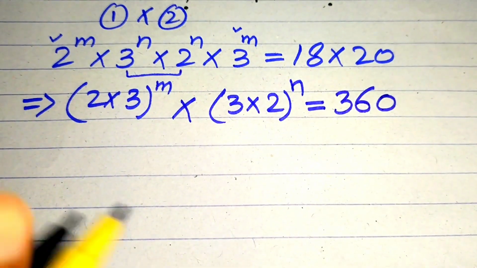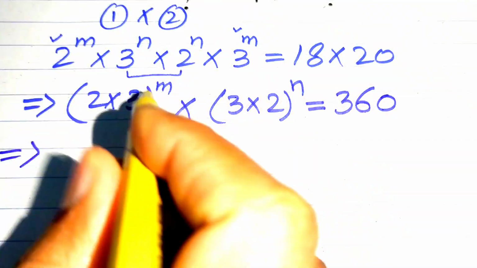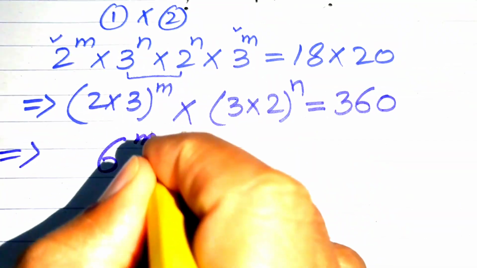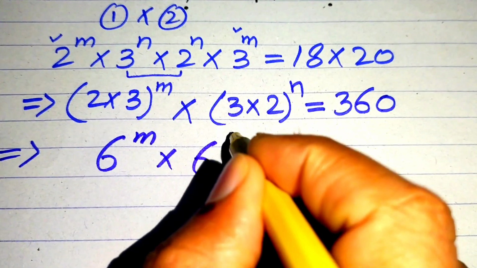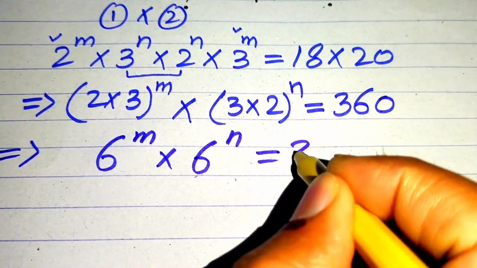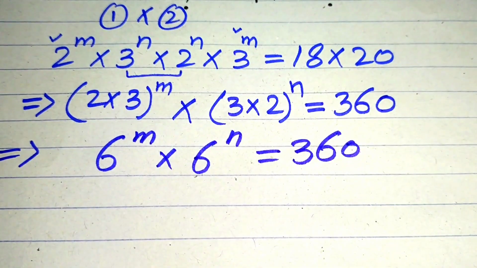And now in the next step we multiply 2 by 3 and we get 6 to the power of m multiplied by 6 to the power of n equals 360.